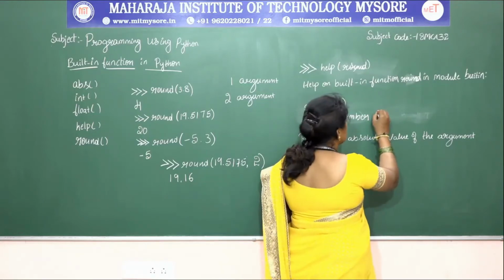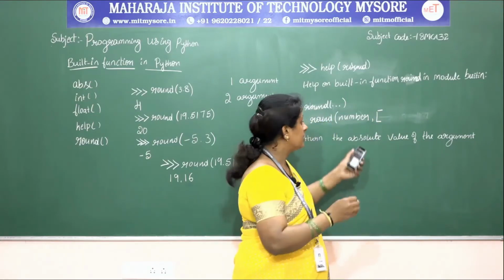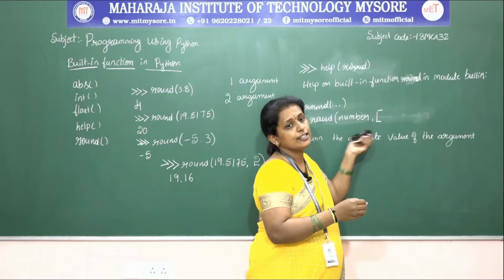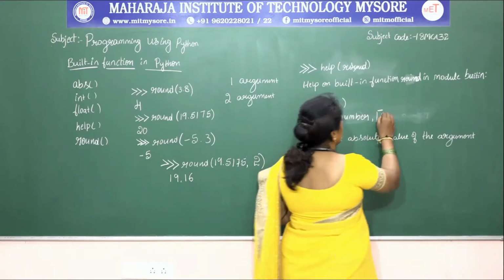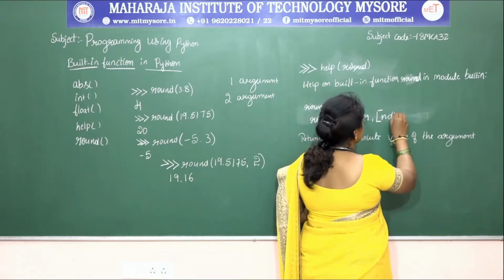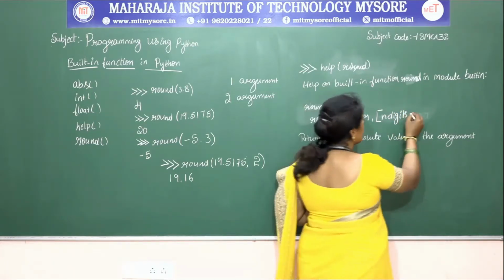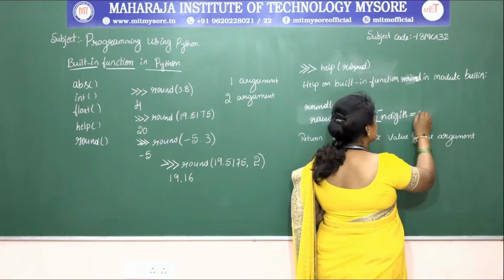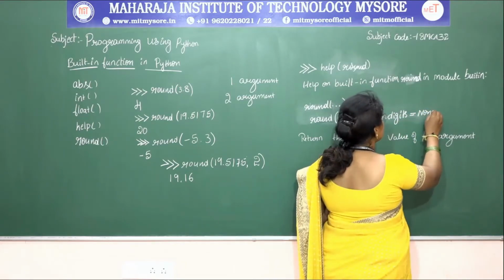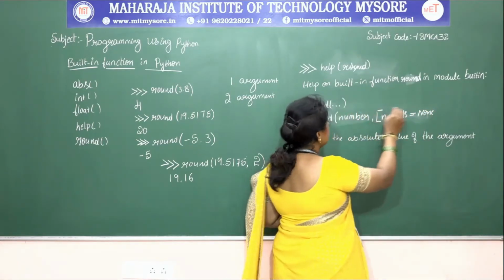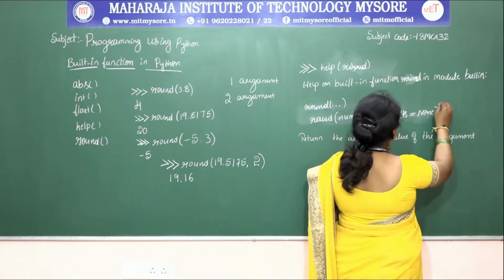The square bracket means that it is optional. n digits, so this value of n digits is equal to None.